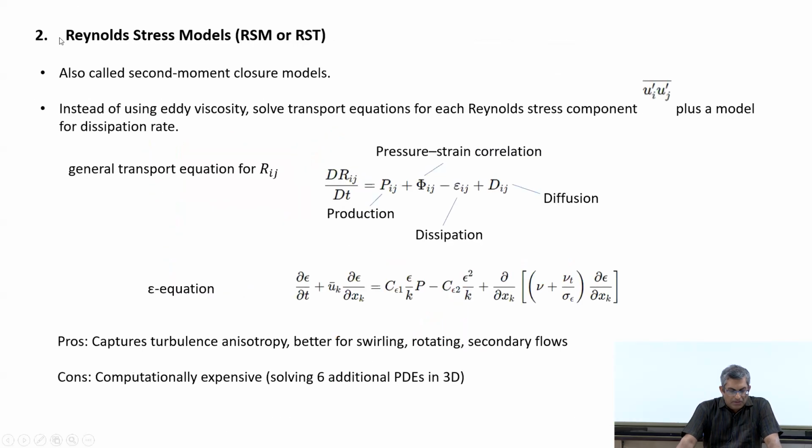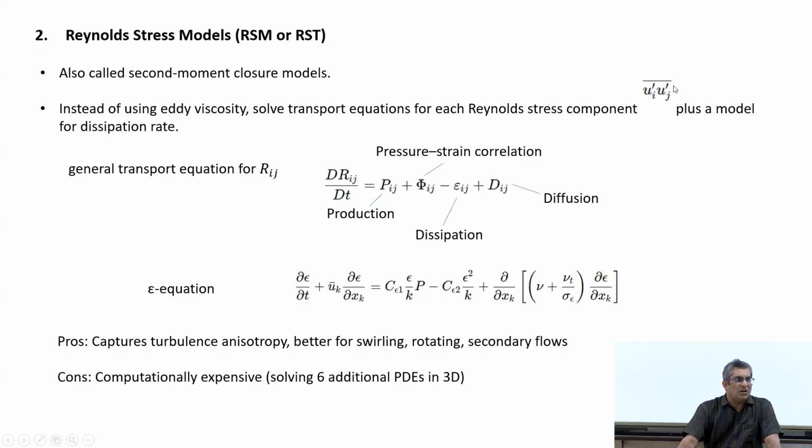Then we have another set of modeling approach. The first one was based on eddy viscosity, but here this is Reynolds stress models. So in this case, instead of using eddy viscosity, we directly solve the transport equations for the Reynolds stress components.